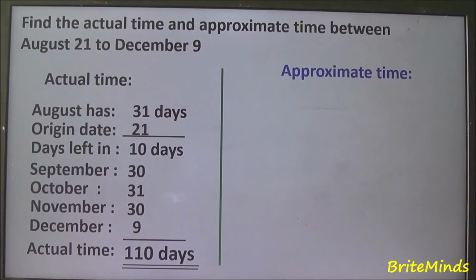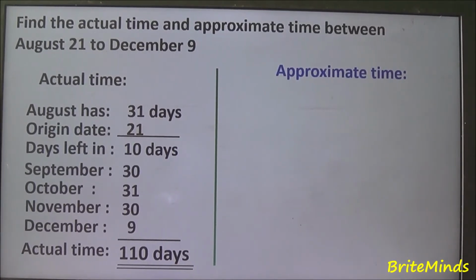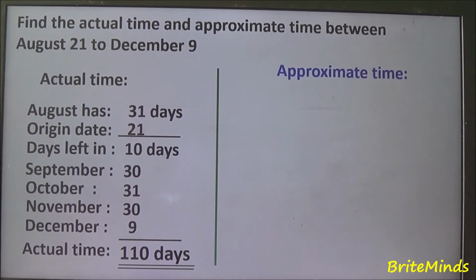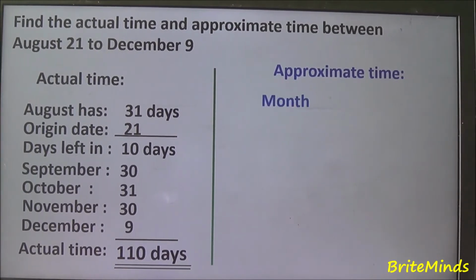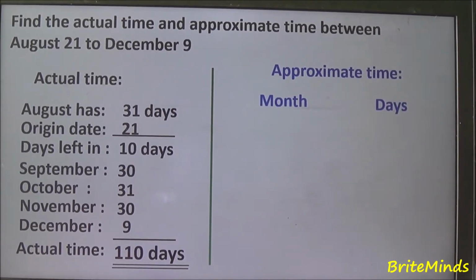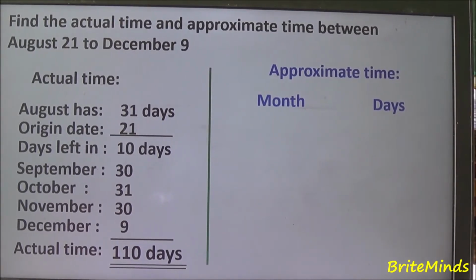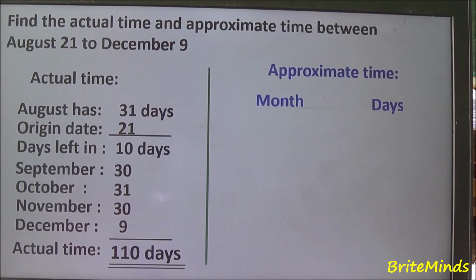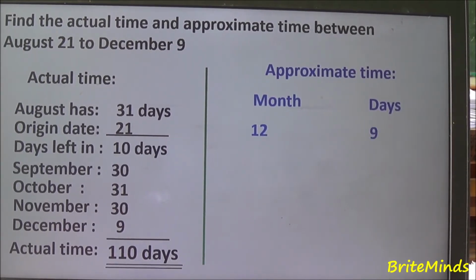Let's proceed to determine the approximate time between August 21st to December 9. The first thing we need to do is write down the month and the days. And then we write down the maturity date, which is December 9, as the minuend. December is 12 and the days 9.